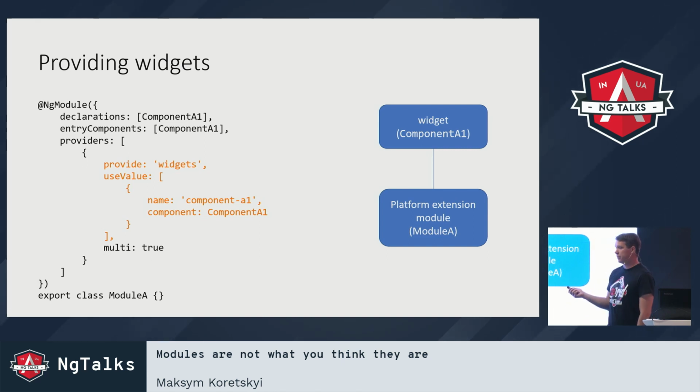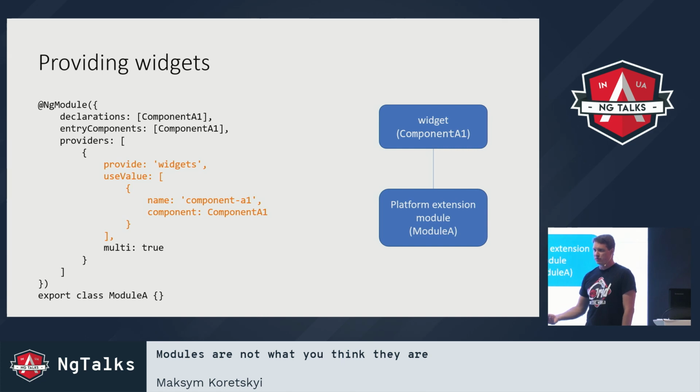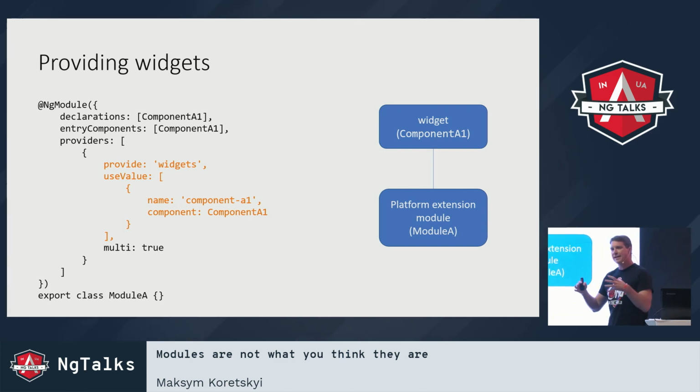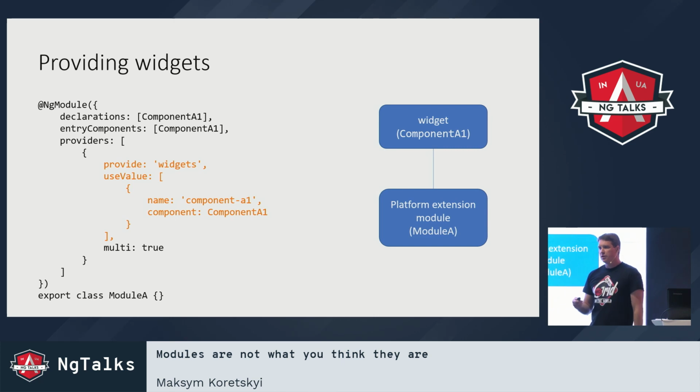And also the component that implements these widgets, right? Because I told you, developers implement widgets as components. And that's it. So once this module is compiled and I get an injector, I will use the widgets token and will retrieve these widgets from the module and an injector.